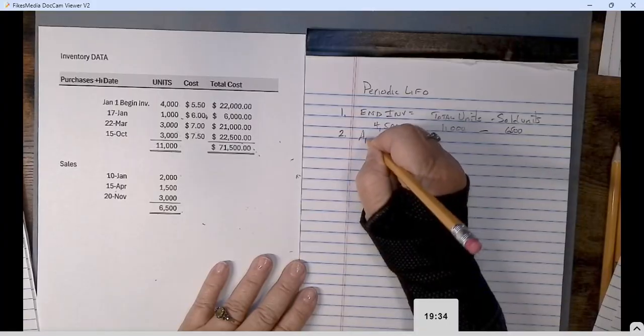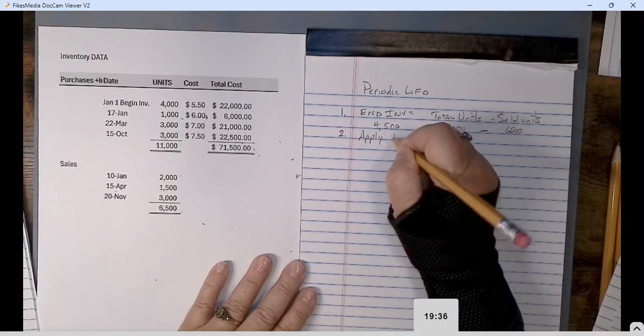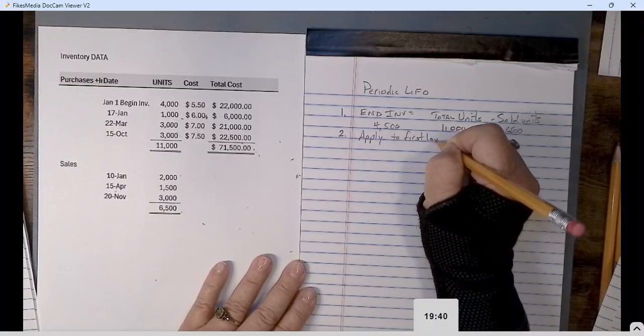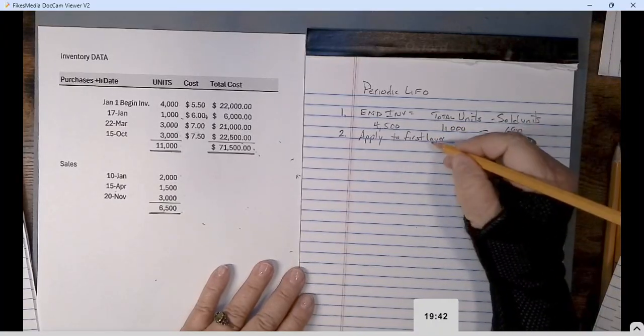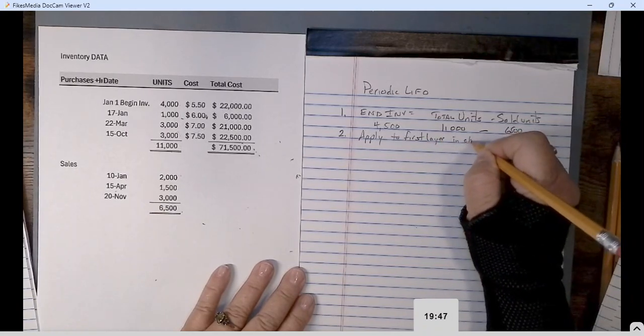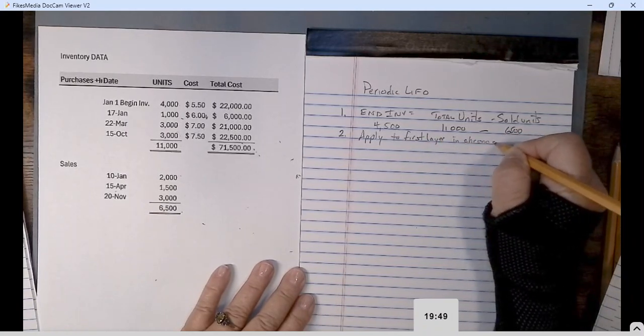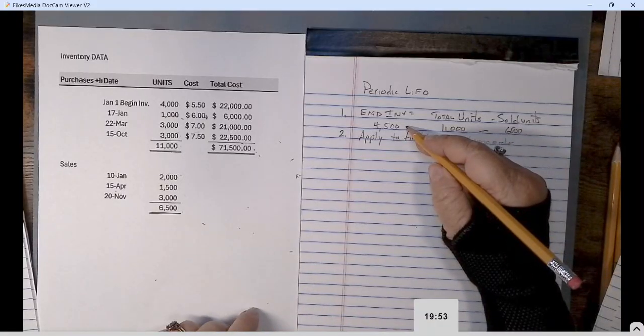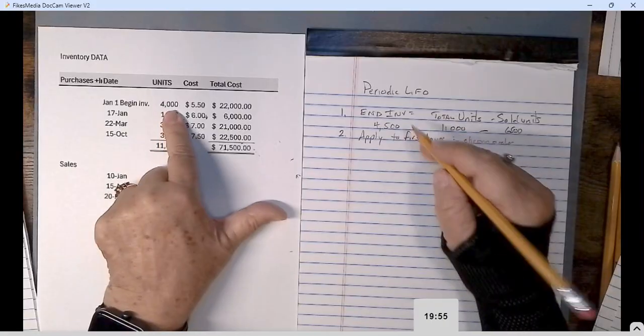For LIFO, we apply to first layers. Instead of the last, we're applying it to the first layers in chrono order. So I'm going to say I'm looking for my 4,500 from the first layers.